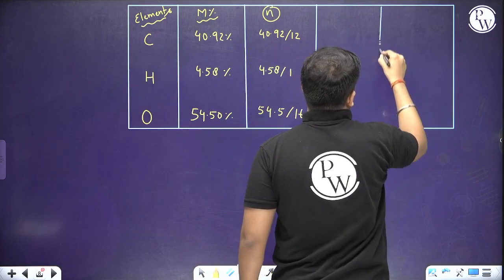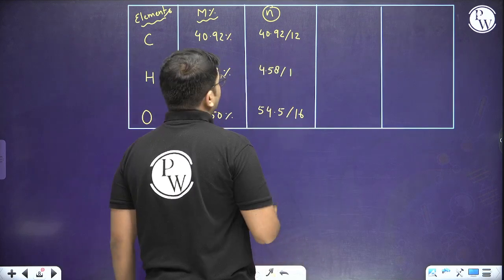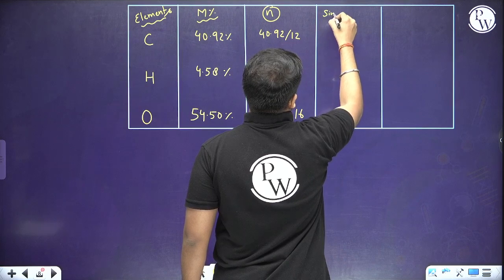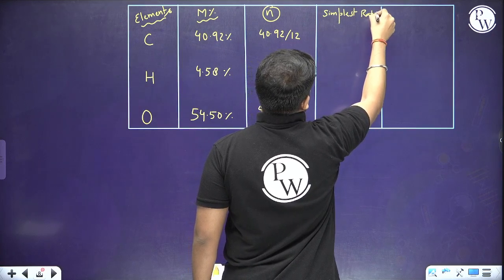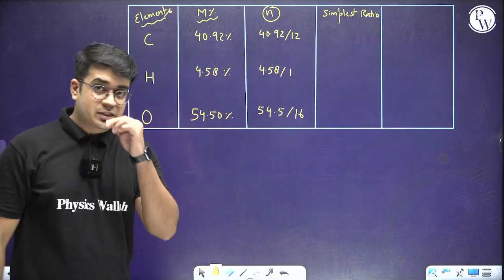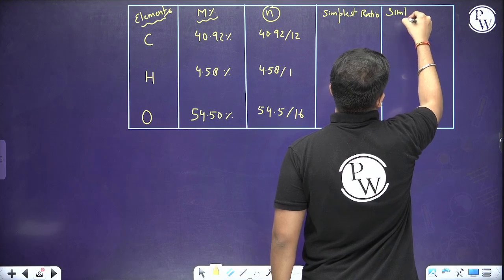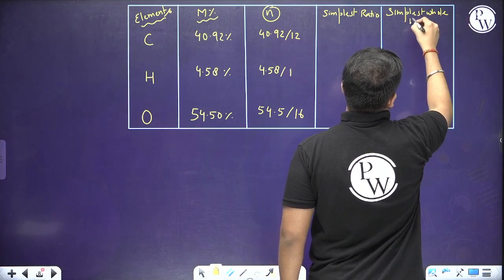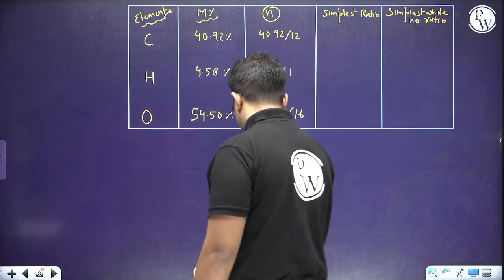There is a fourth part also which you have to calculate, which will be the simplest ratio, and the last part will be the simplest whole number ratio.